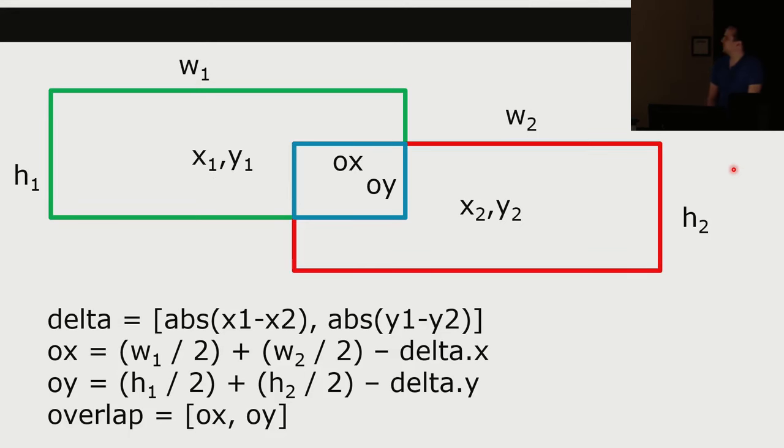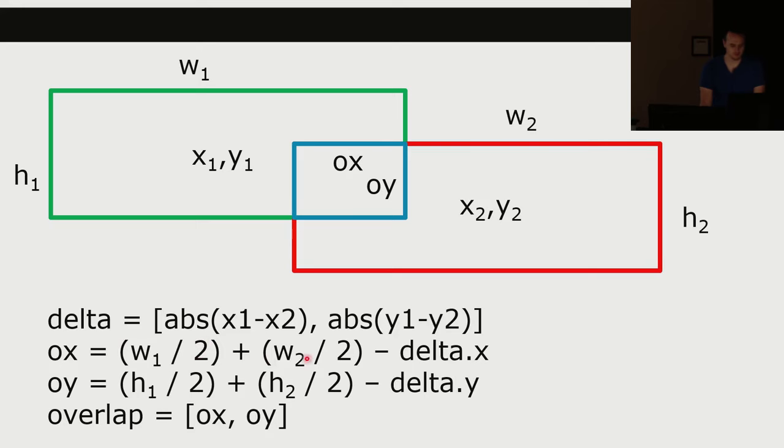So we have two of our rectangles. We're going to store this delta, which is the distance between the centers of the two rectangles in the x and the y. In the x, that's just the absolute value of the difference of the x's, and in the y, it's the absolute value of the difference of the y's. Then we're going to take OX. This is the overlap x, that's what O stands for, which is the formula we just said.